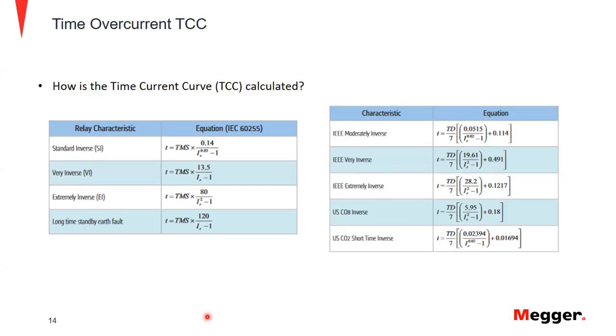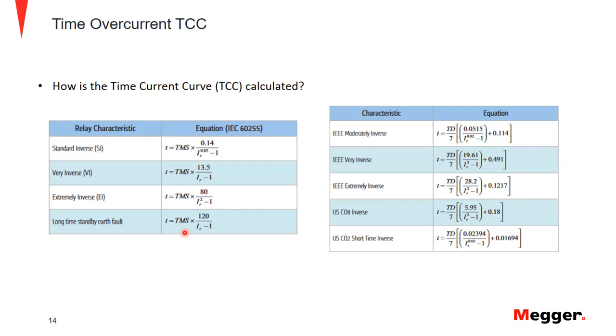So the time over current, the TCC, from here on out will be called the relay characteristics. You can see that there are some standards: standard ANSI, IEC, and IEEE standards. This is just an example of a few, and how the calculations are derived.